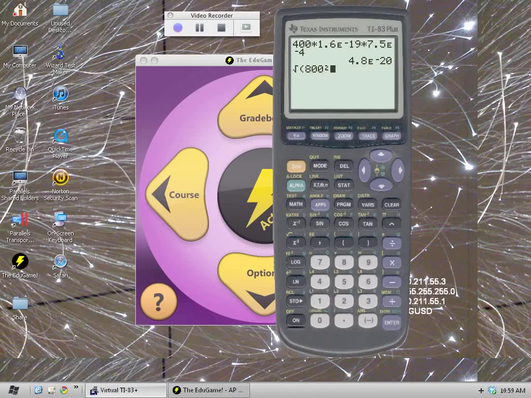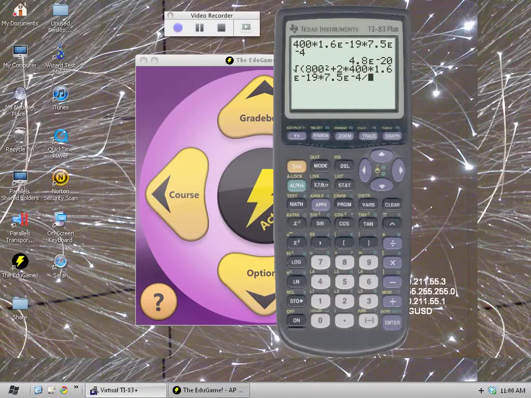Plus 2 times 400, which was E, times 1.6 times 10 to the minus 19, that's Q, times D, which is 7.5 times 10 to the minus 4. EQD over m.